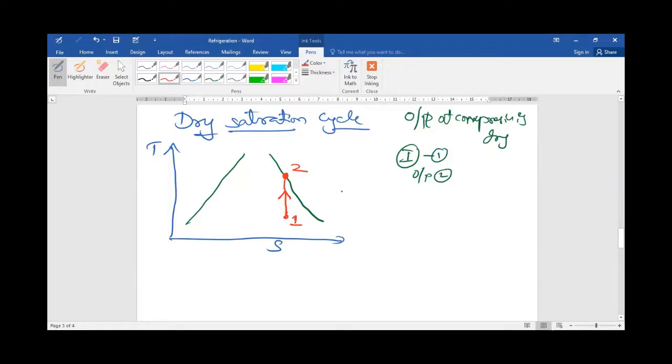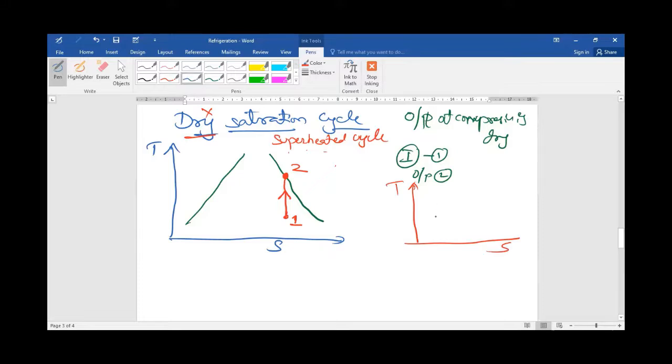For example, if it is a superheated condition, he will give you the word superheated, and will not use the word dry. Superheated cycle means point number 2 should be in the superheated region. So how will the TS diagram be?